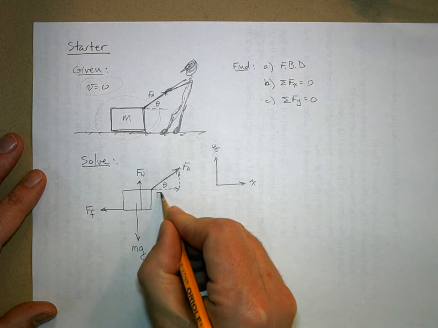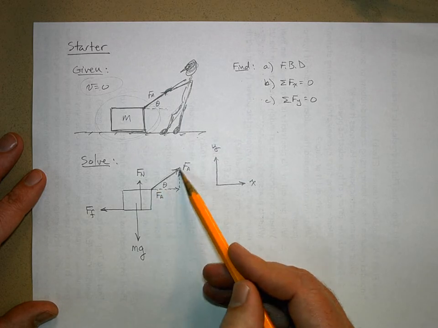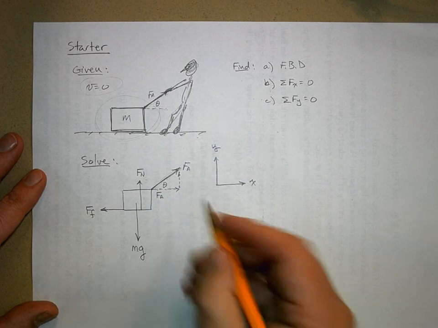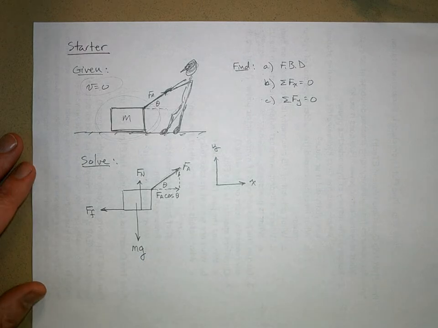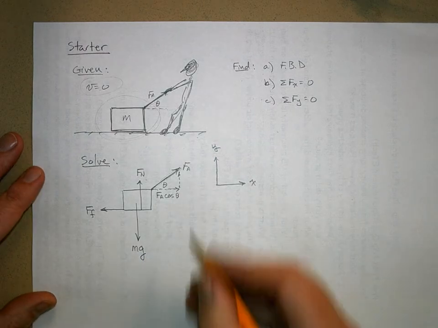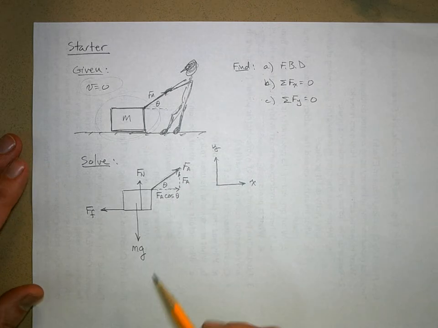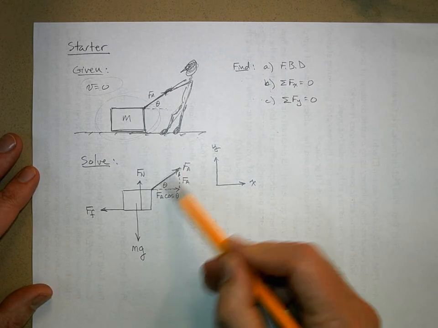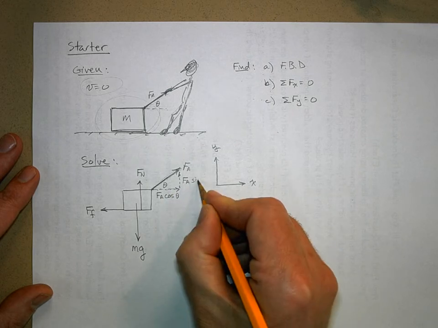Well, this must be the applied force times what? What is the adjacent leg of a right triangle equal to? The hypotenuse times cosine theta. And this is FA. What is the opposite leg? It's the hypotenuse, which is FA, times the sine of the angle.